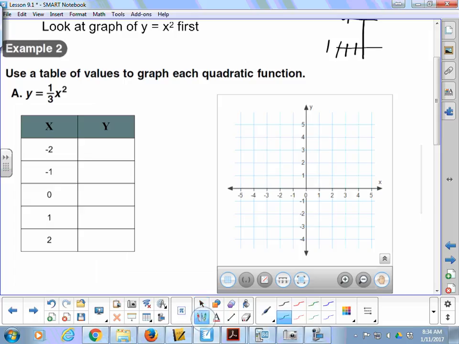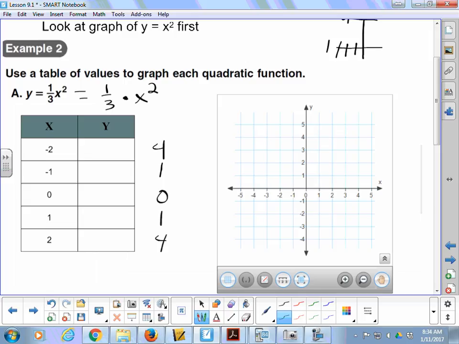So the numbers that we had for negative 2, negative 1, 0, 1, and 2, so 4, 1, 0, 1, and 4, those are our main numbers when we have x squared. It's just now we are going to do 1/3 times those x squared values.